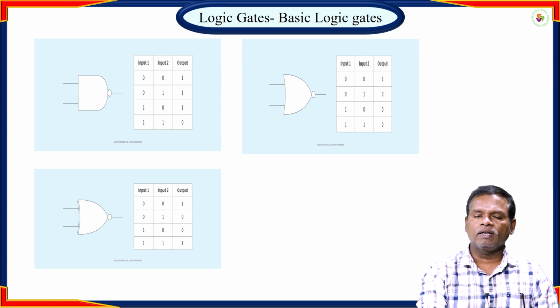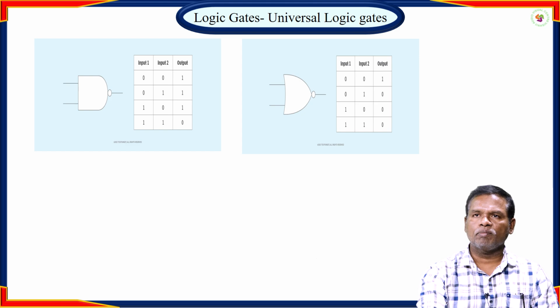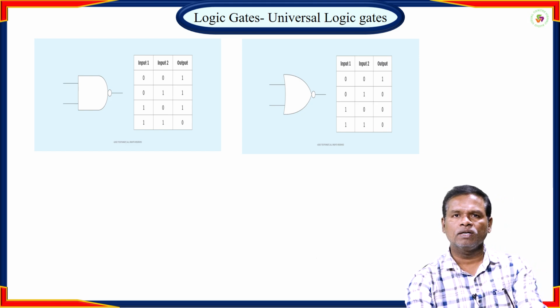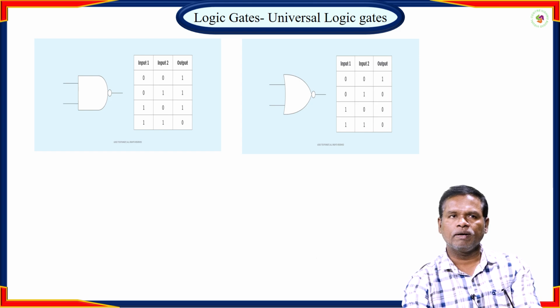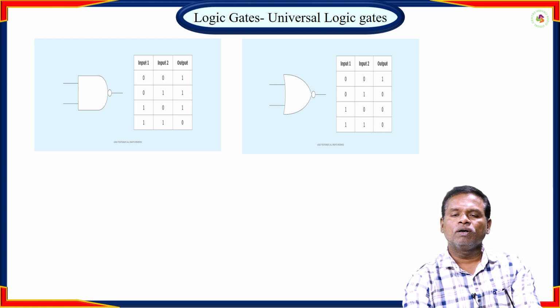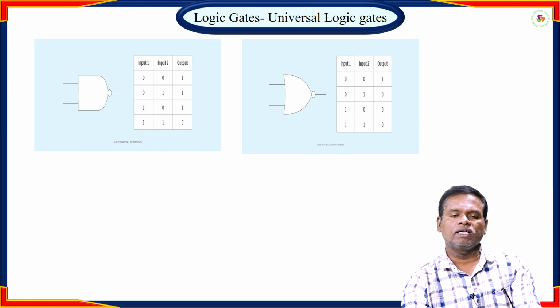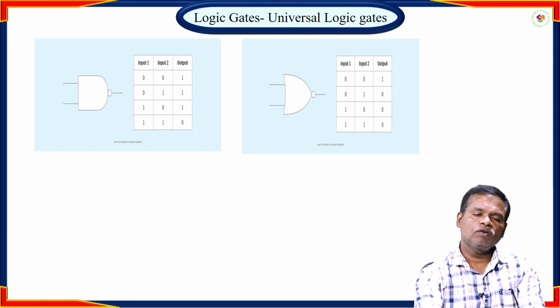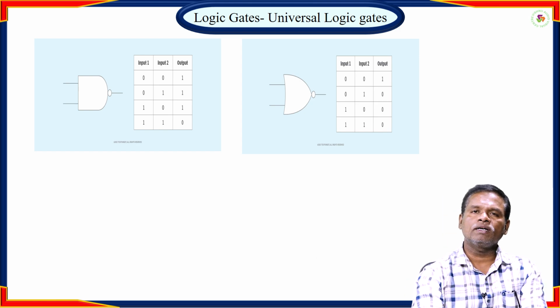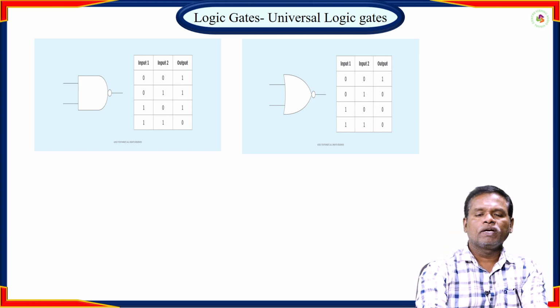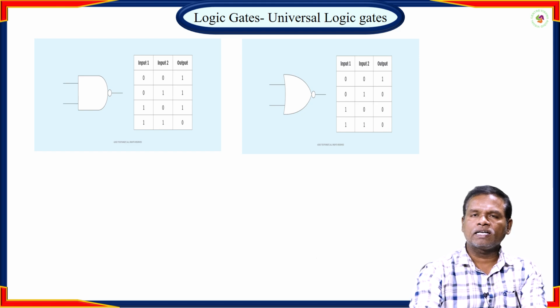Then coming to another type of gates. Of course these are not new gates, these are part of the basic logic gates only, but they are called universal logic gates. Why? The NAND gate and NOR gate are called universal logic gates.